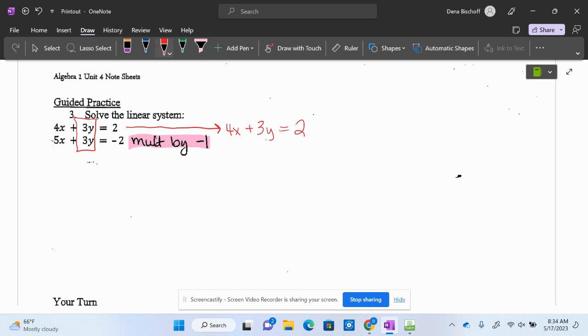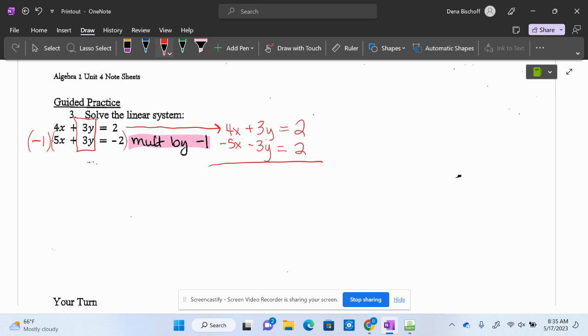The second equation, I wrote you guys a hint. It says multiply by -1. That means that I'm going to multiply every single thing by -1. So -1 times 5 gives me -5x. -1 times 3 is -3, so that gives me -3y. -1 times -2 is +2.